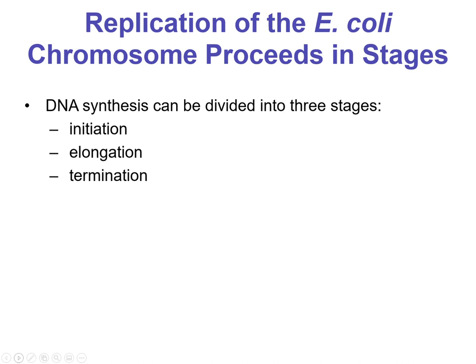And then there's termination. Once you reach the end, you need to get all of this machinery off, and you need to also separate your two different DNA molecules. In this case, they're plasmids that are kind of entangled together. So all of that needs to happen, and that's termination.